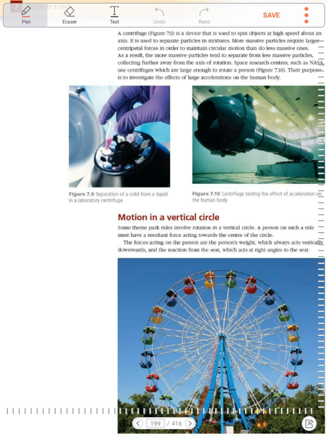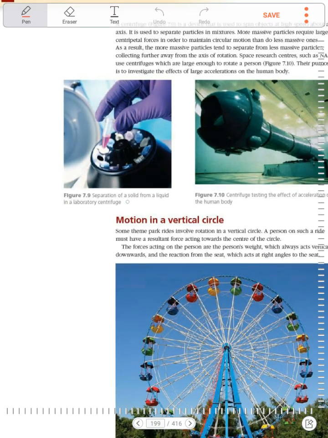We have this device used in the laboratory, which makes a separation of solids. They put blood or anything they want to check inside and make it move in a rotational motion, so the particles can be split depending on their masses.